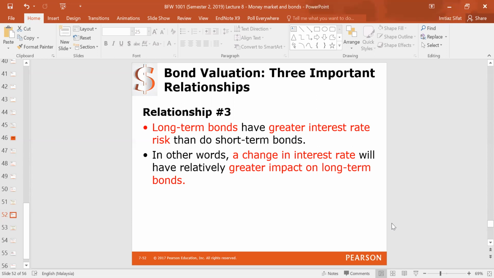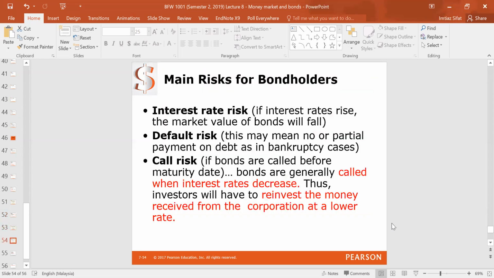And you will understand this concept a little bit more if you take a look at the main risks incurred by bondholders. They have to contend with interest rate risk, the probability that interest rates will go up in the market. Remember, if interest rates go up, that makes their bond relatively less attractive.